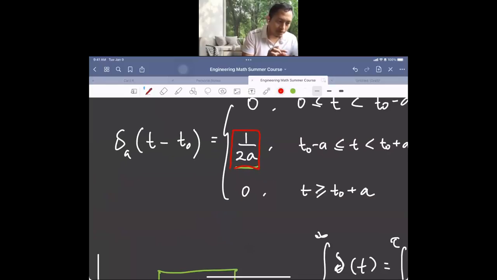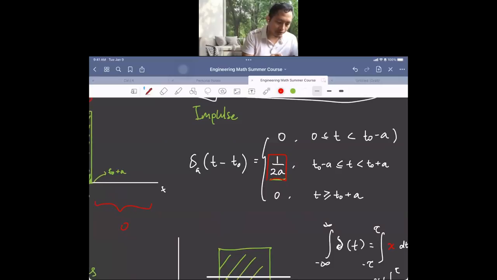So this becomes a new piecewise definition for t minus t0. Minus t0 means we just translate from the middle, the 0, to t0. We call this the unit impulse.